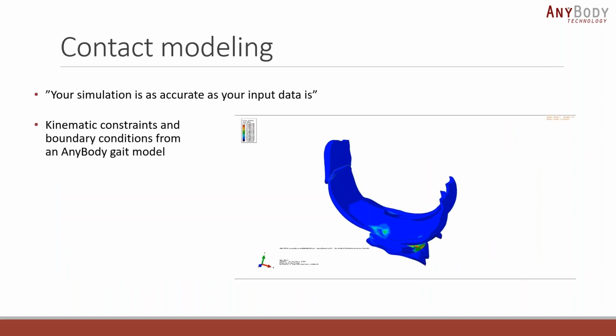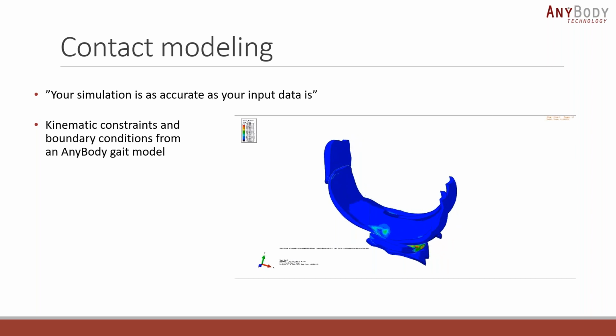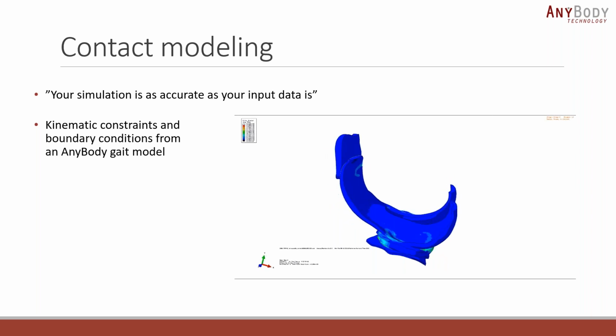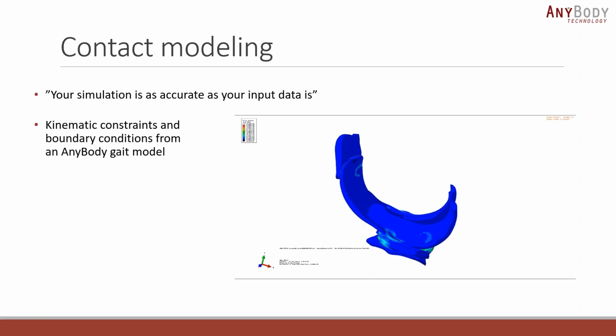As well as that, whenever we try to do contact modeling, and for example, we want to analyze a novel knee implant and understand how this changes the pressure patterns inside the knee joint, a finite element model can be constructed using data from the AnyBody simulation as well, or musculoskeletal simulation in general. That could give us more precise information about the actual loads in the knee joint.